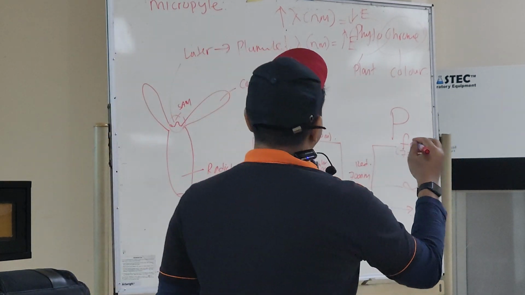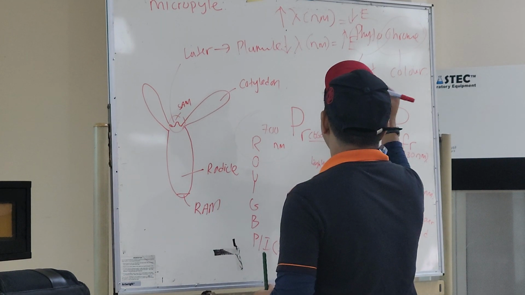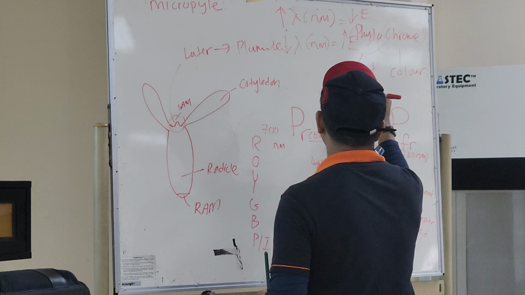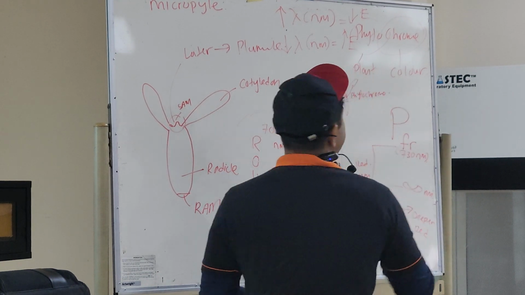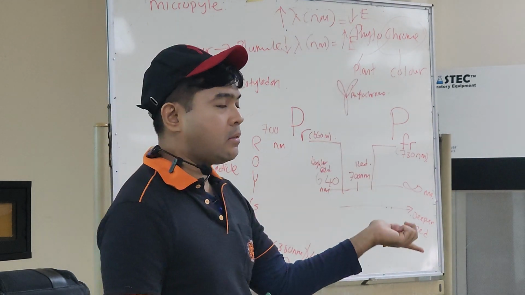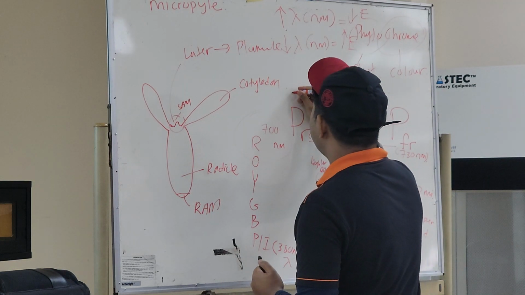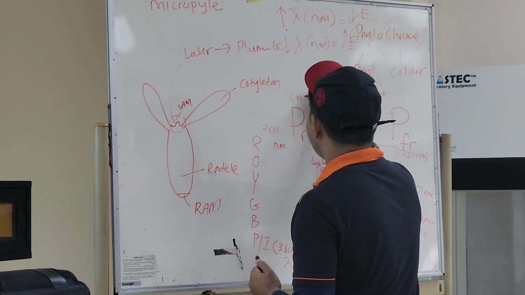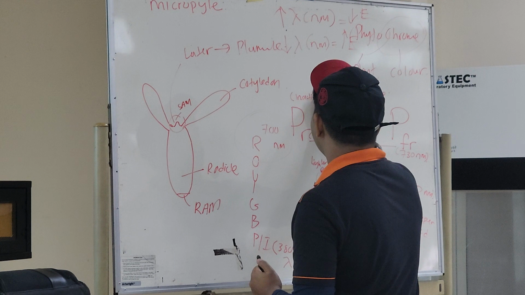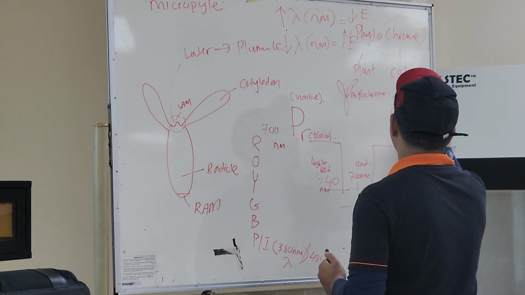The same protein, the phytochrome, has two forms, active form and inactive form. The inactive form is on this side. And the active form, we call it PFR.